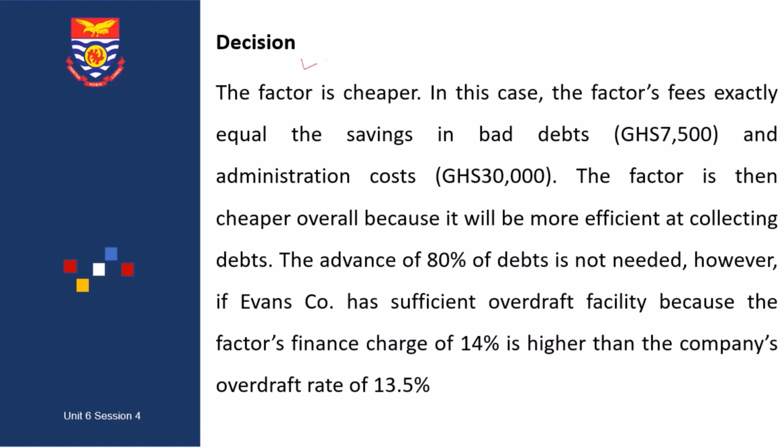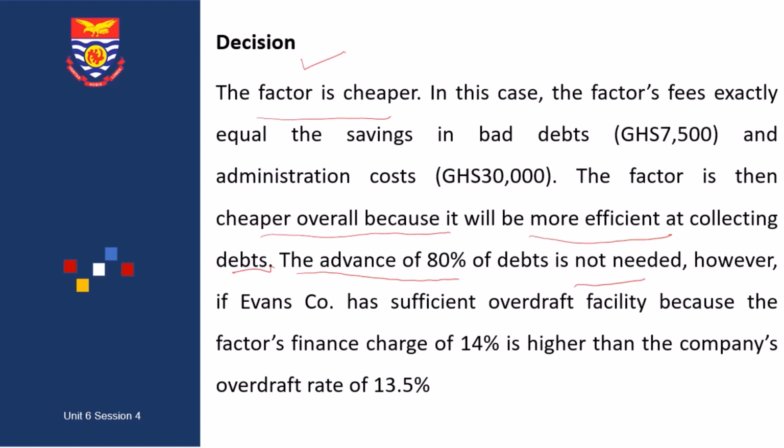So this is the decision rule. The factor is cheaper. In this case, the factor's fees are equal to the savings in bad debt and administration cost, right? So the factor is then cheaper overall because it will be more efficient at collecting the debt. We are also saying that the advance of 80% of the debt is not needed.